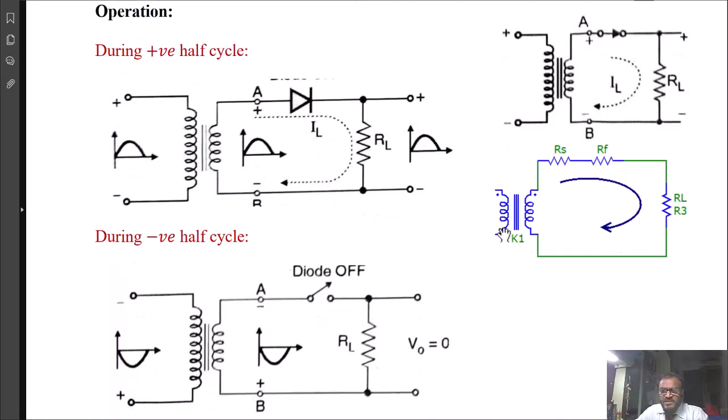Whereas if we consider them in the circuit, then in the equivalent circuit during the positive half cycle, you will see there is a resistance RF, a resistance RS, and RL.